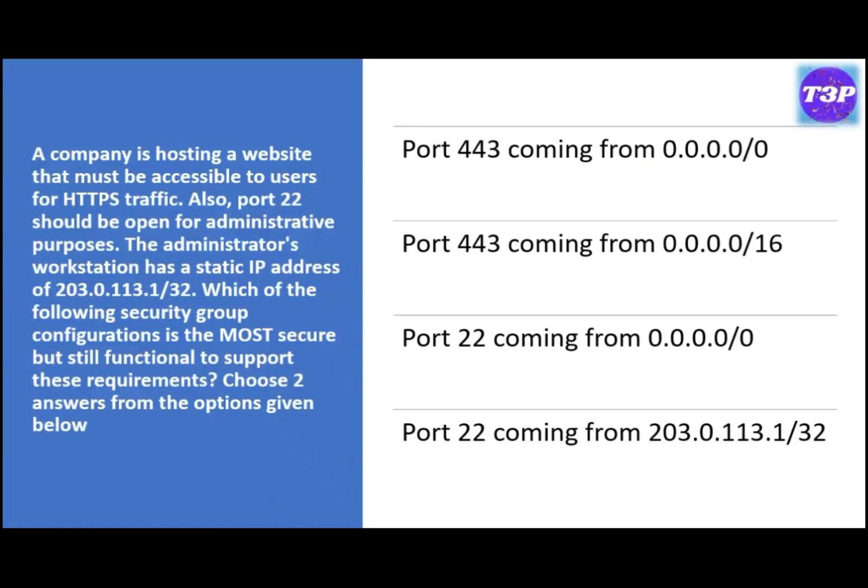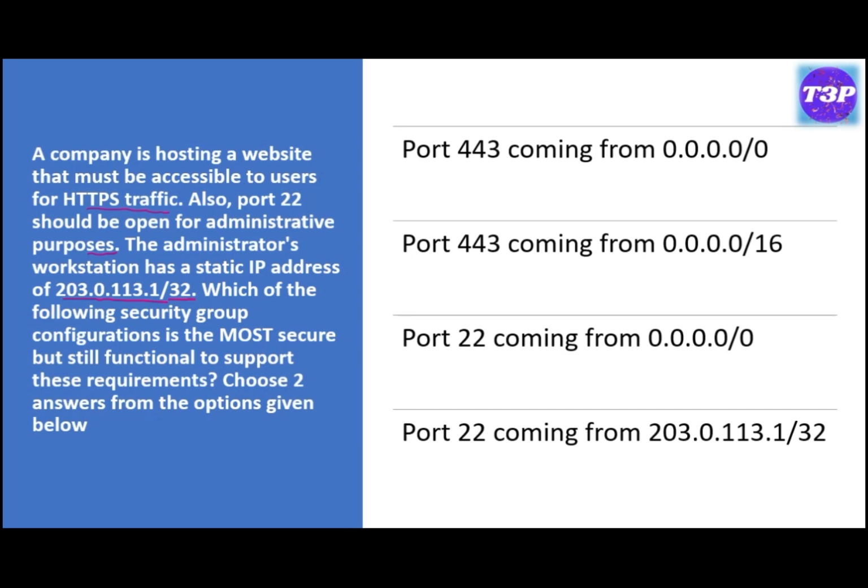In this question they are asking, a company is hosting a website that must be accessible to users for HTTPS traffic. Also, port 22 should be open for administrative purposes. The administrator's workstation has a static IP address, that is 203.0.113.1/32.